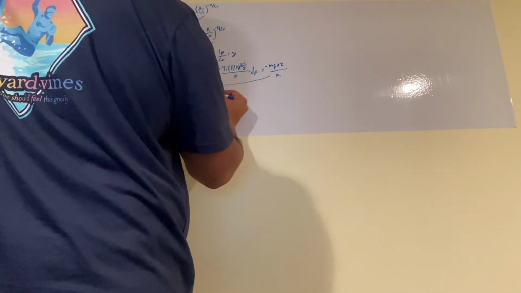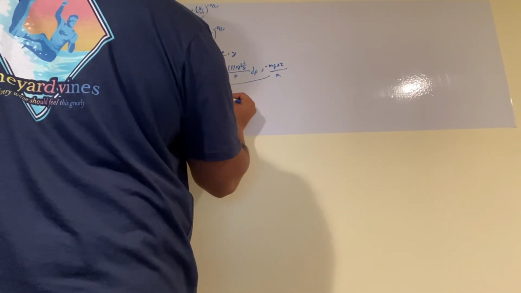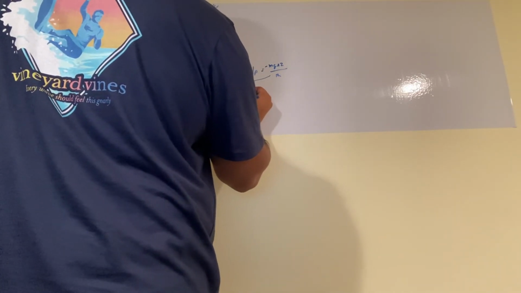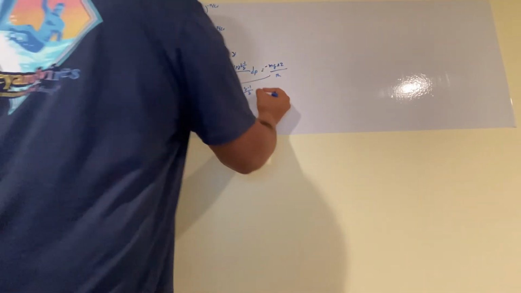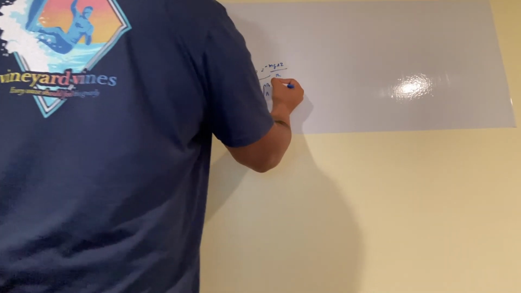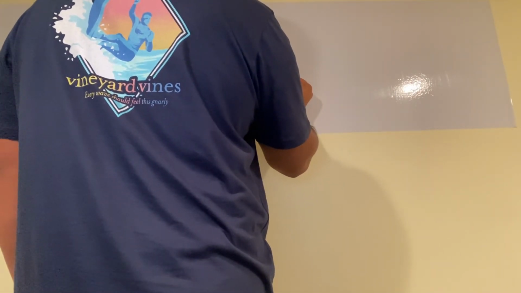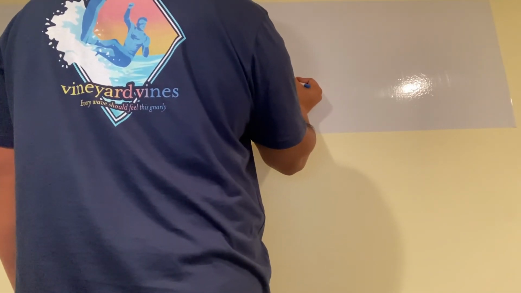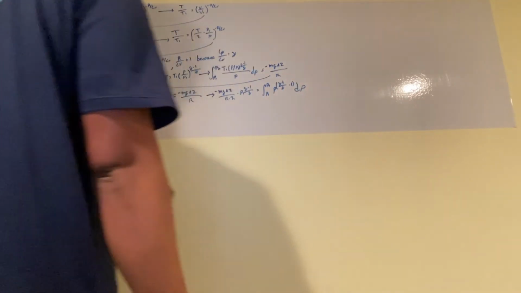And I believe in this step we would just have negative mg delta z over r times T1 times P1 gamma minus 1 over gamma is equal to the integral of P1 to P2 of P raised to the gamma minus 1 over gamma, and then subtract 1 from that, dp.